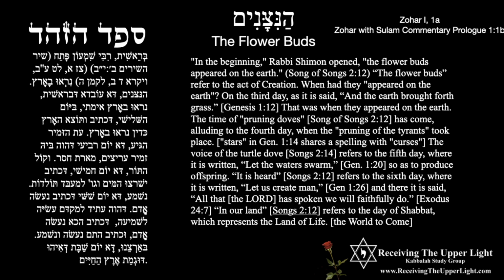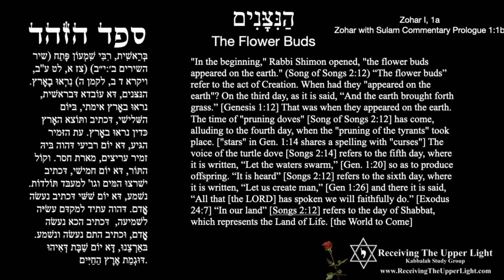The time of pruning has come, alluding to the 4th day, when the pruning of the tyrants took place. The voice of the turtledove refers to the 5th day, where it is written, let the water swarm, so as to produce offspring. It is heard refers to the 6th day, where it is written, let us create man. And there it is said, all that the Lord has spoken we will faithfully do. In our land refers to the day of Shabbat, which represents the land of life, the world to come.